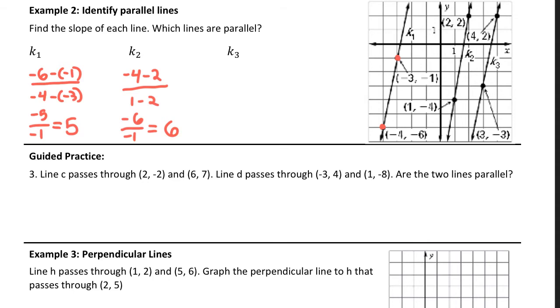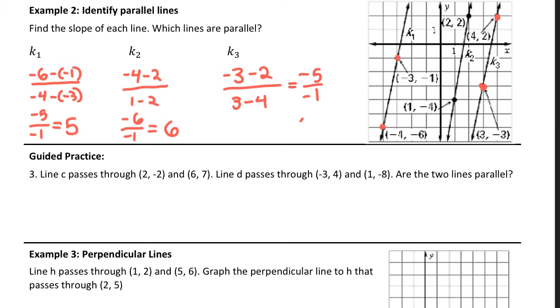So K1 and K2 already are not parallel. They have different slopes. And then finally K3, it's the points (4, 2) and (3, -3). So I would take -3 minus 2 over 3 minus 4, which is -5 over -1.